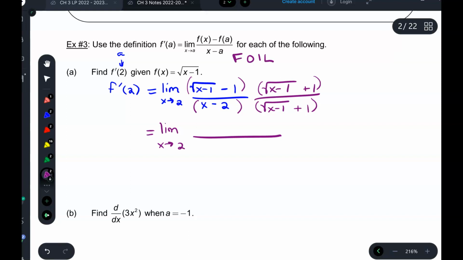And so when I do FOIL, remember I don't have to worry about the outside and the inside. I can just multiply the first and the last, making it a lot easier. So what happens? Square root of x minus 1 times square root of x minus 1? x minus 1. And then minus 1 times plus 1? Minus 1. Okay, again. Wow, what are we doing outside?